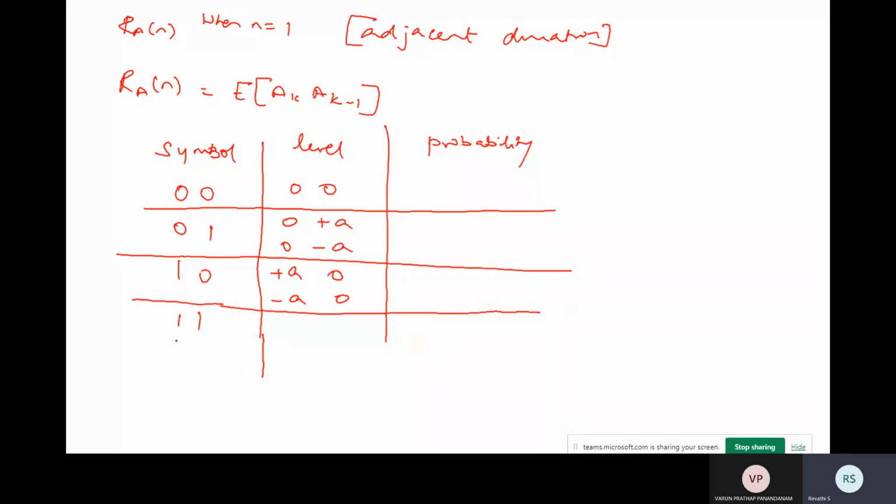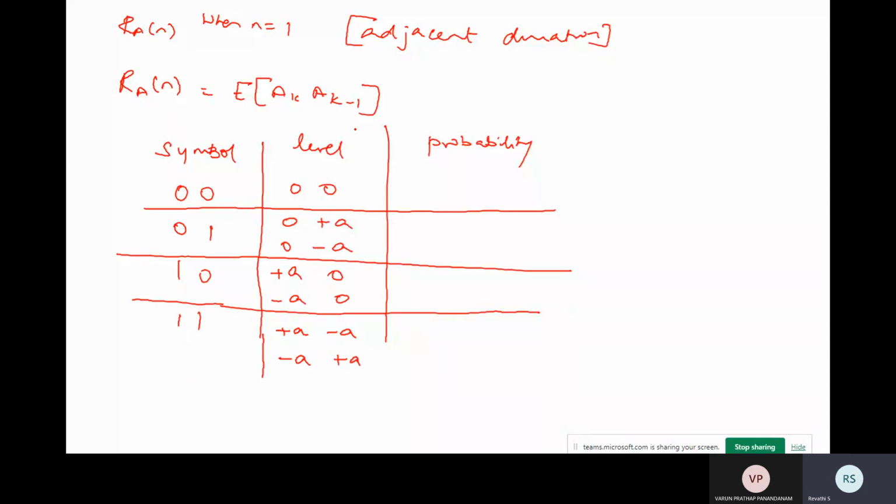Now when we concentrate on 1 and 1, both are adjacent. As we are talking on adjacent, if the first duration is plus A, the next duration obviously will be only minus A, or if the first duration is minus A, the next duration is only plus A. You will have only two combinations. So here is the difference between adjacent duration and any other duration.